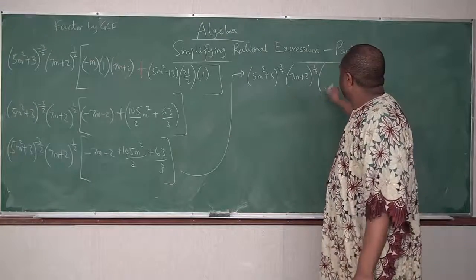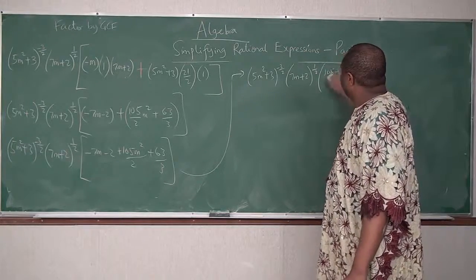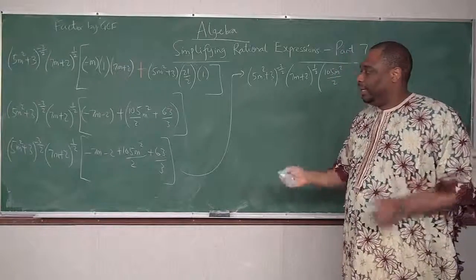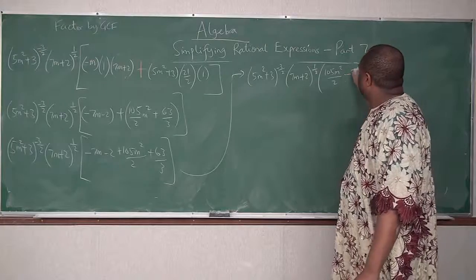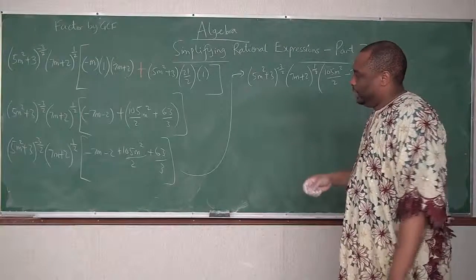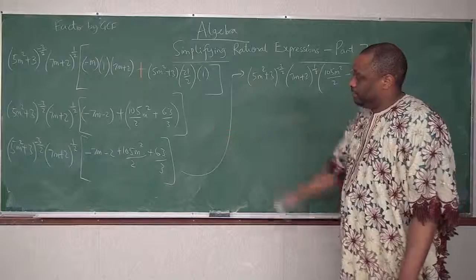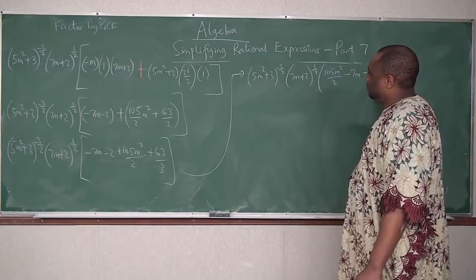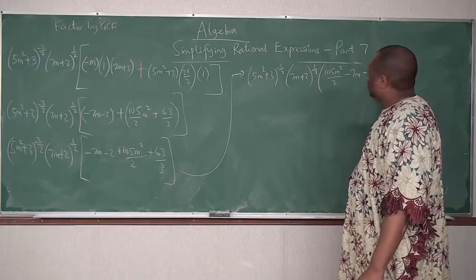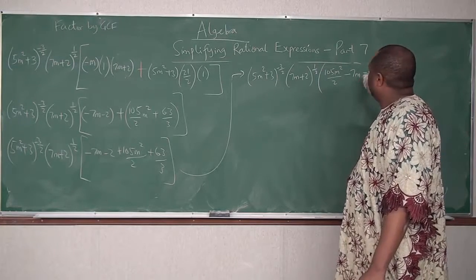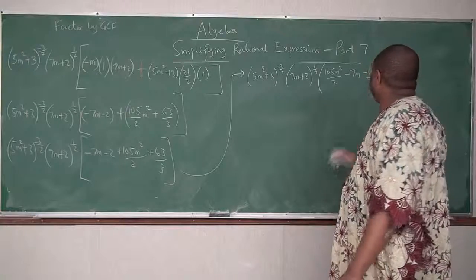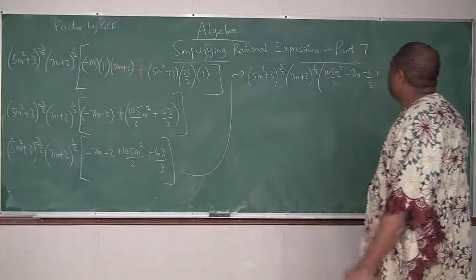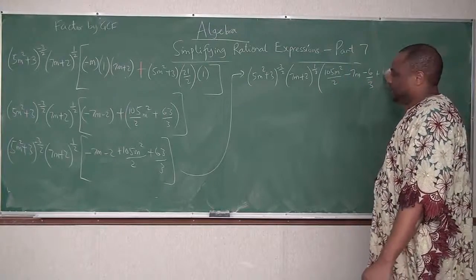We have 105m squared over 2. We don't have anything on m squared again. Then we say minus 7m. Then this will be 3 times 2 is 6. Actually minus 6 over 3, not 2, because that gives us 2. Okay, 3 times 2 is 6. Minus 6 over 3 plus 63 over 3.